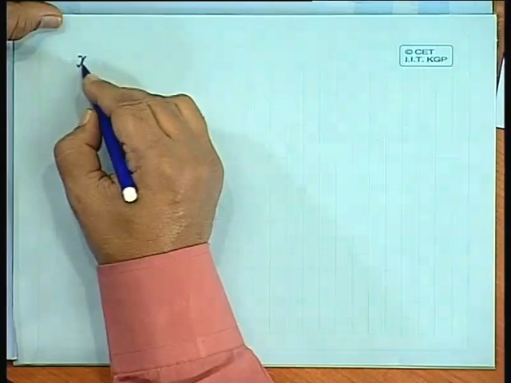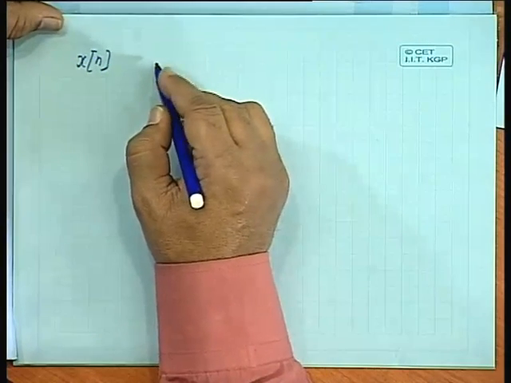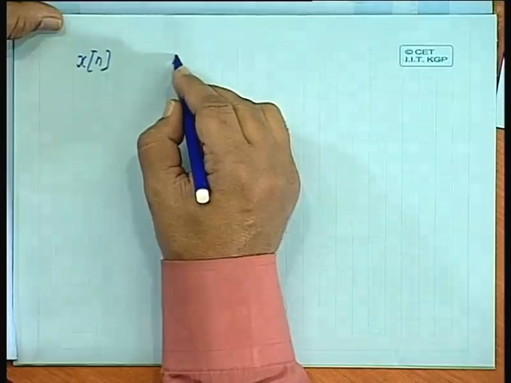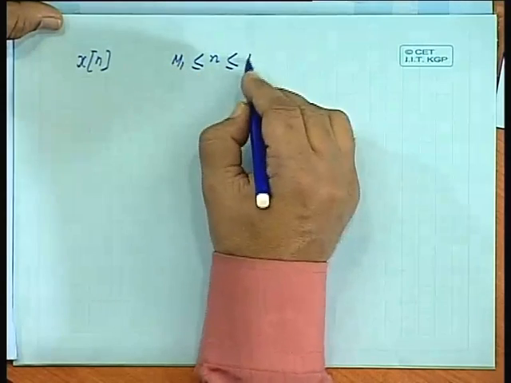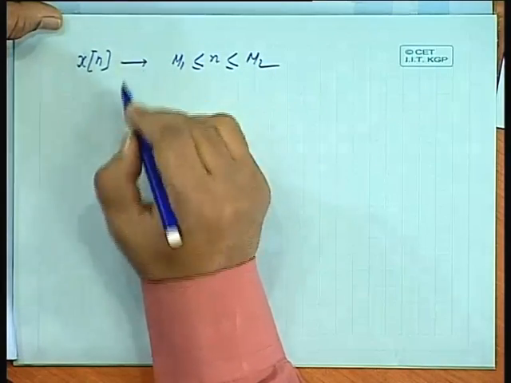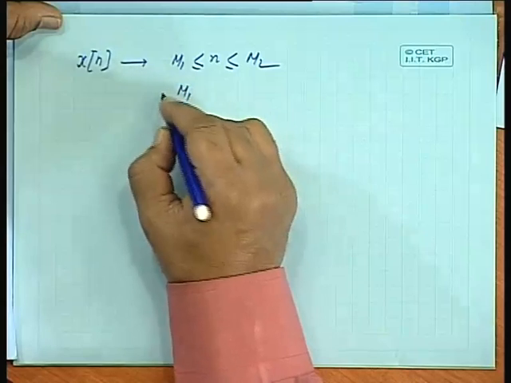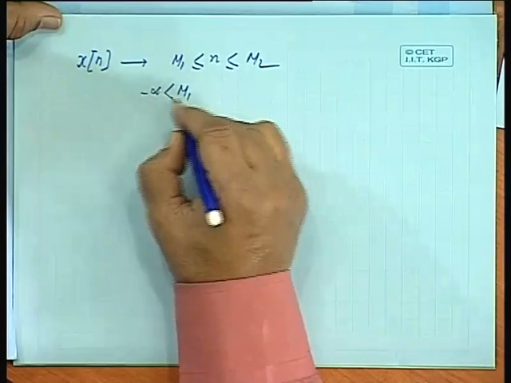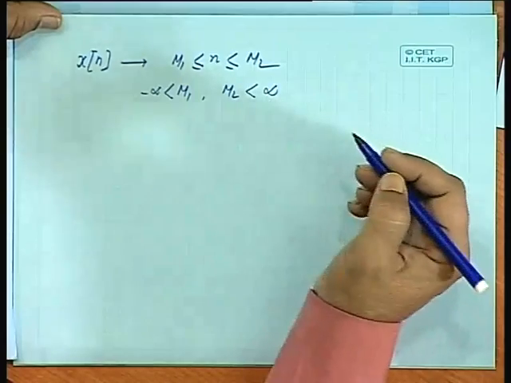The sequence x n may be defined over a range, it is a finite range where m1 is greater than -infinity and m2 is less than +infinity.